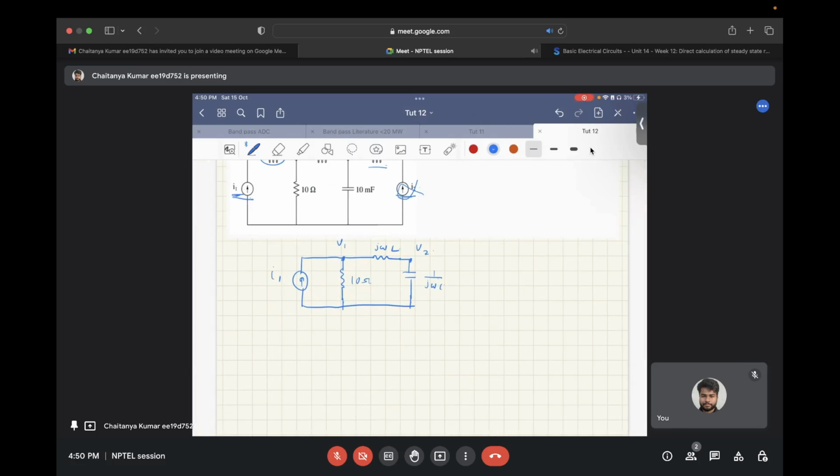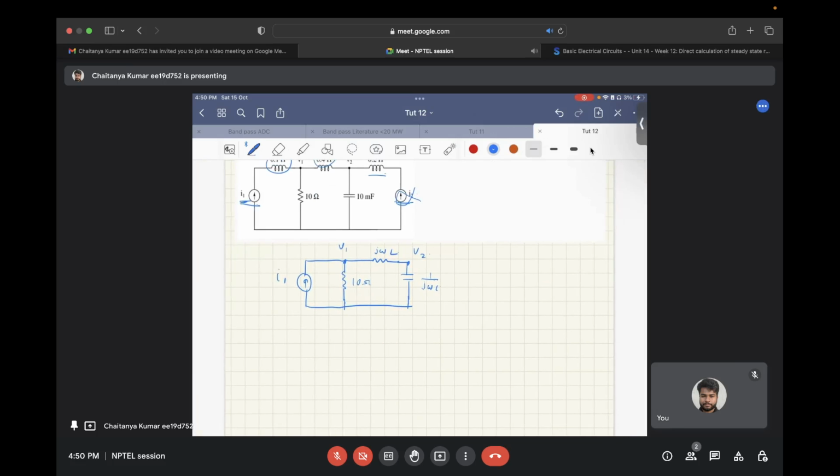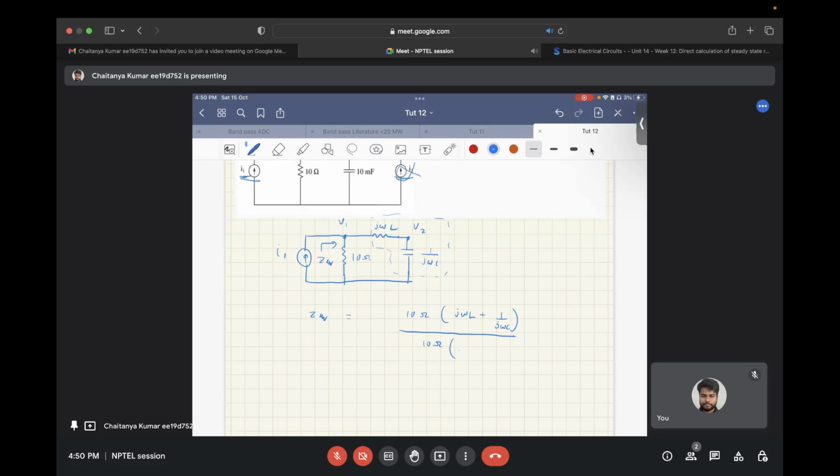Now V1 basically will be, for finding V1, the overall looking-in impedance Z equivalent is 10 ohms in parallel with the impedance of this, that is j omega L plus 1 upon j omega C, which is 10 times (1 minus omega squared LC) divided by (1 minus omega squared LC plus j omega 10 C).